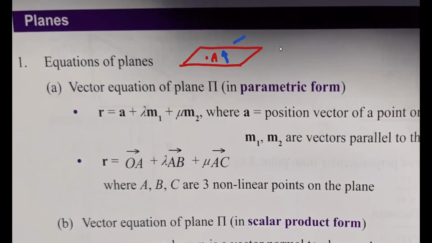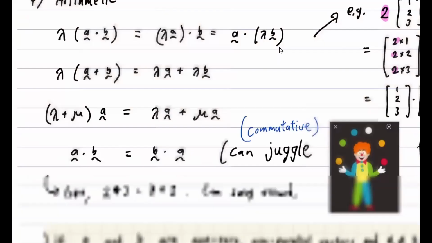So it could be floating on top like this, and that will be your M1 and M2. So it's just any two different directions, and they have to be non-parallel.